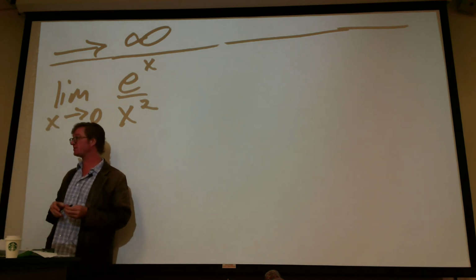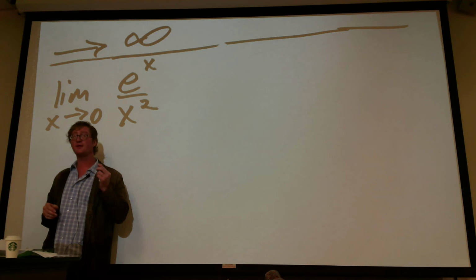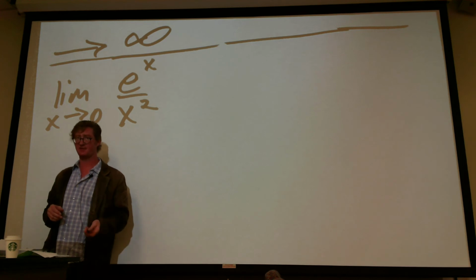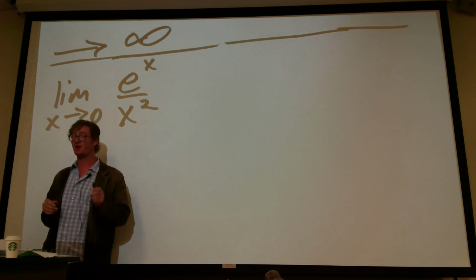Okay. Some people would be tempted to try to use L'Hopital's rule on this problem, but you need to remember that L'Hopital's rule only works if the limit is of the form 0 divided by 0 or infinity divided by infinity, or if you can manipulate the problem to get it into that form.